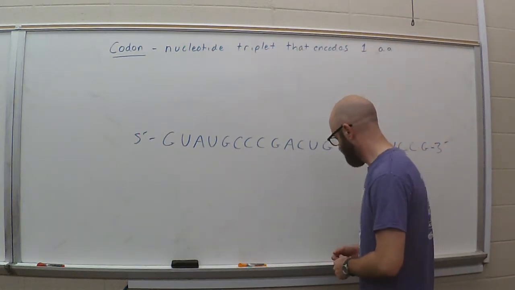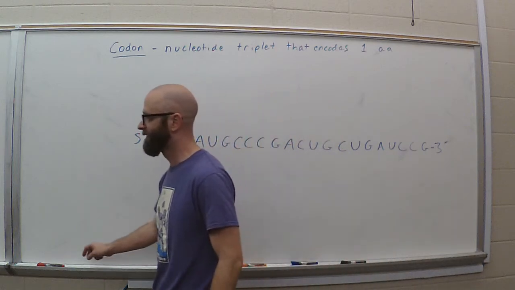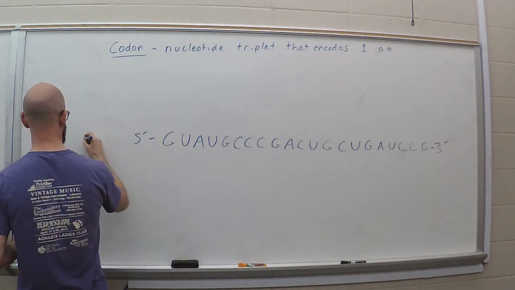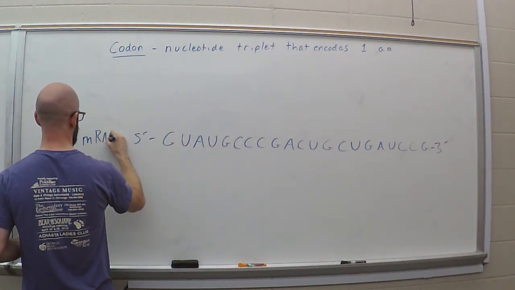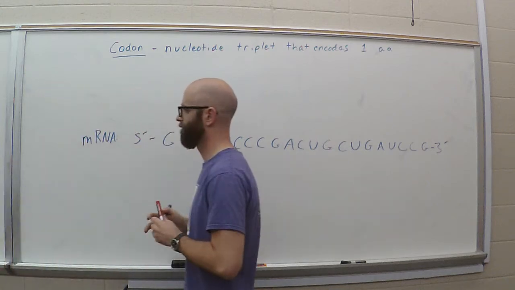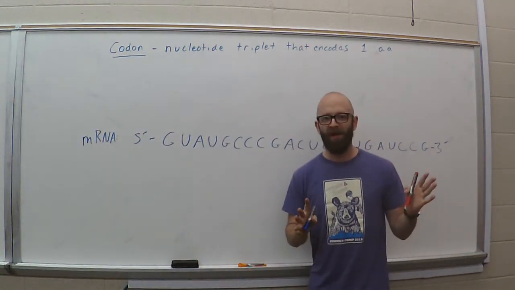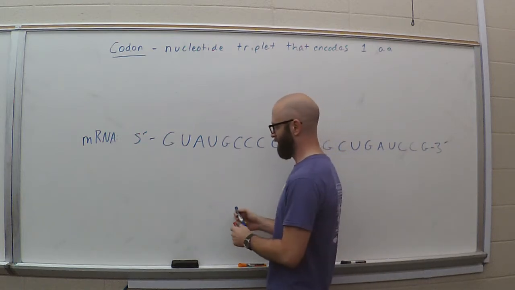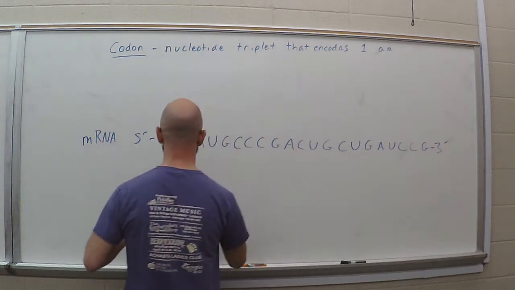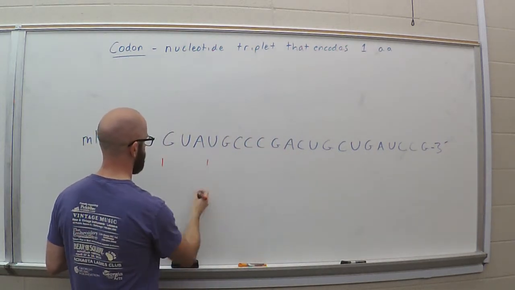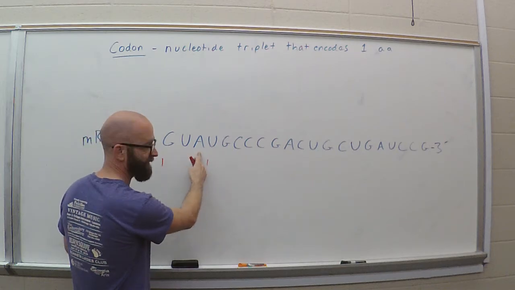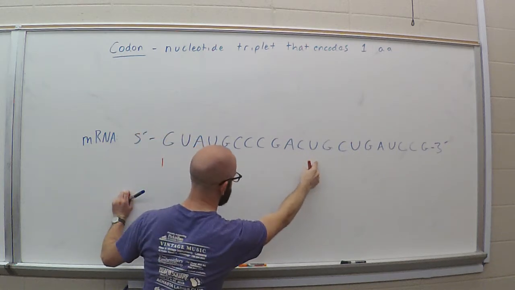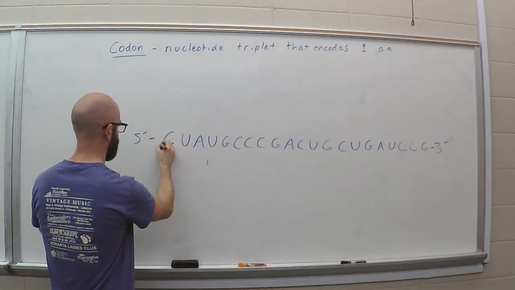All right, so in order to read this mRNA strand, you have to know where to start reading, because there's 3 frames, right? You could start here, in which case it would go GUA, that's one codon, UGC, CCG, ACU, etc., right?